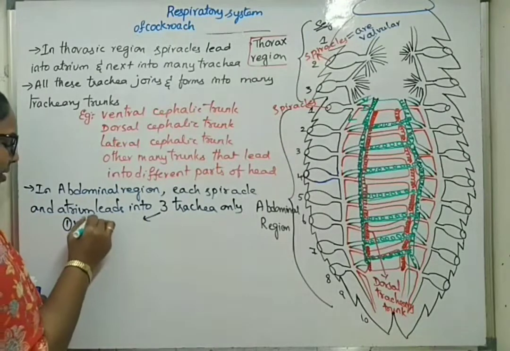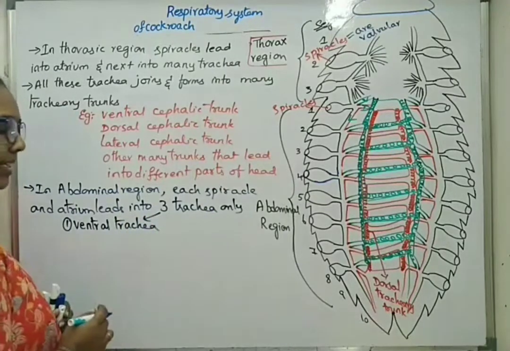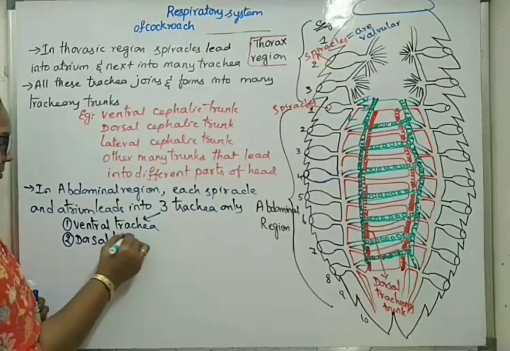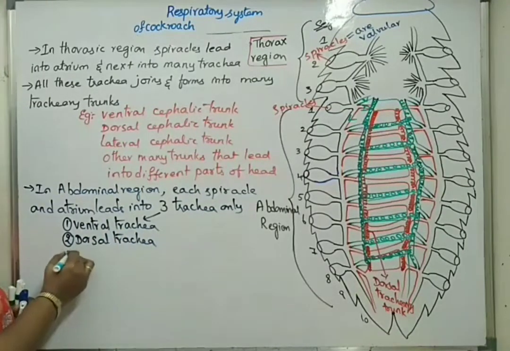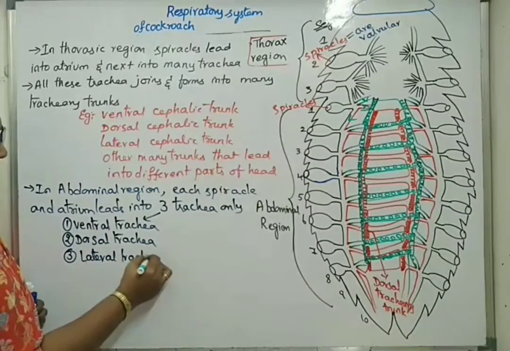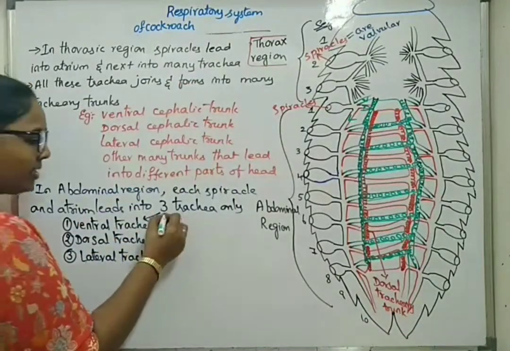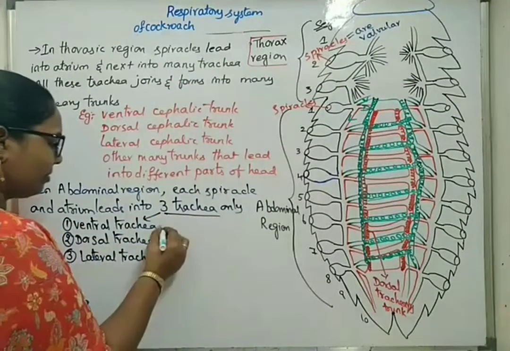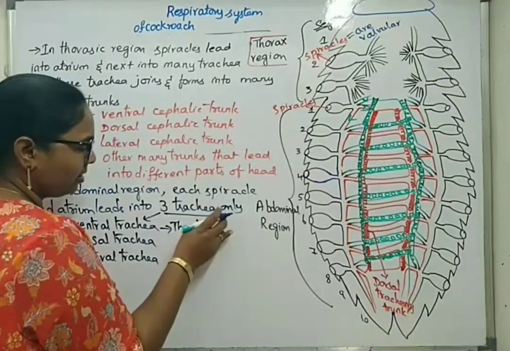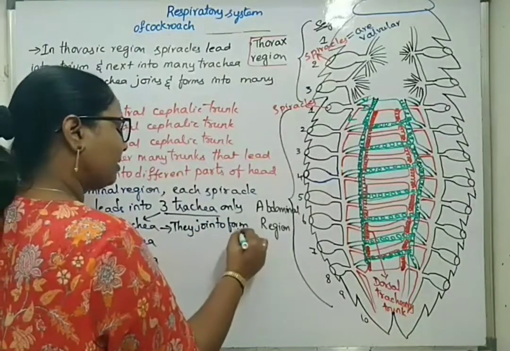First one, ventral trachea, which forms the ventral tracheary trunk. Second one, dorsal trachea. Third one, lateral trachea. Again I am repeating, the thoracic region has many trachea, the abdominal region has three trachea only. Now, they join to form a trunk.